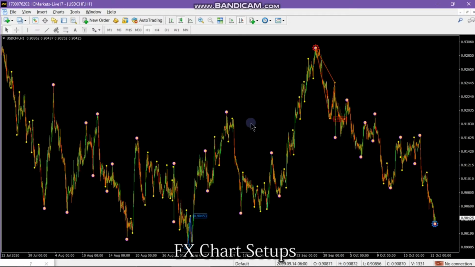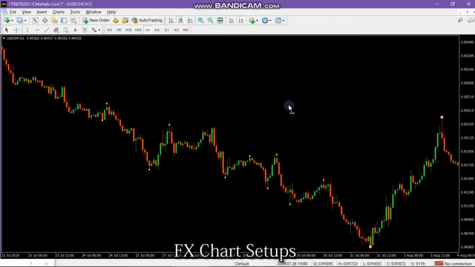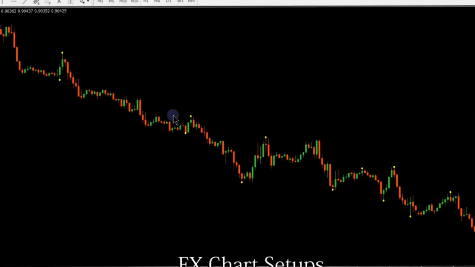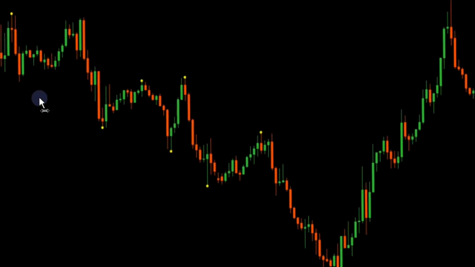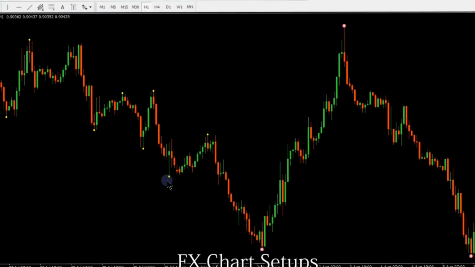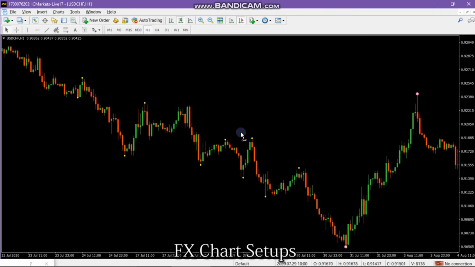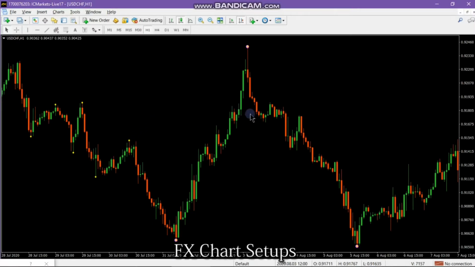We'll get into the least important ones and then go through to the most important ones. The least important markings on your chart are these yellow dots, and what these signify are minor turning points. Where markets are oversold on smaller time frames, you'll probably see these dots over here.